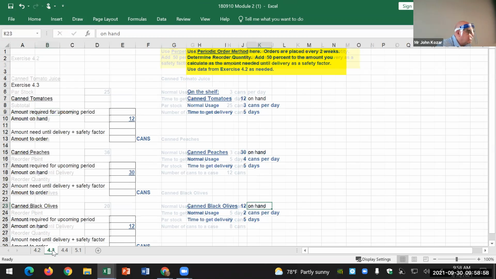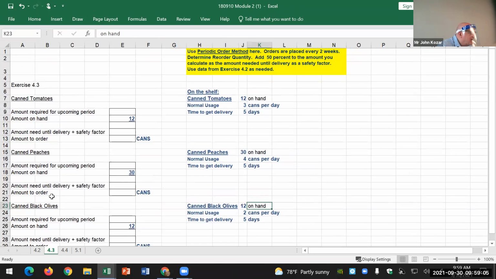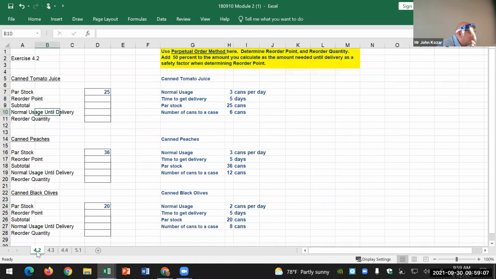It's 4.2, yeah, it was for tomatoes. It was both of these.